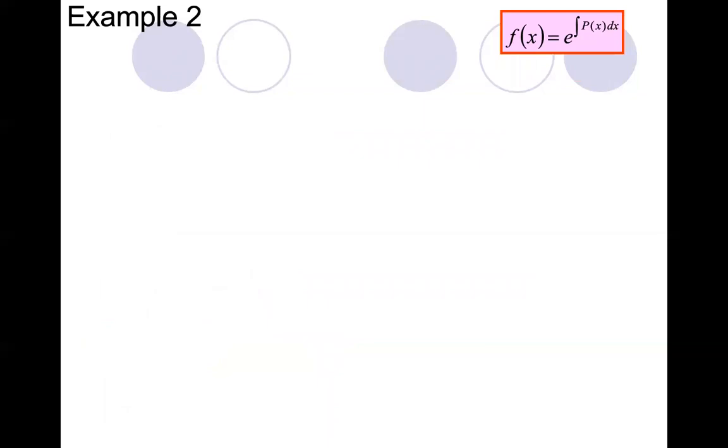Okay? You guys should try this second problem before I move on with it. Just find the integrating factor first. Find the integrating factor very quickly.